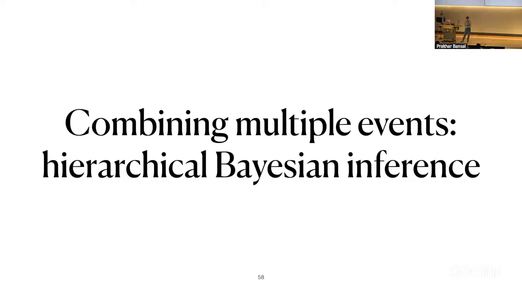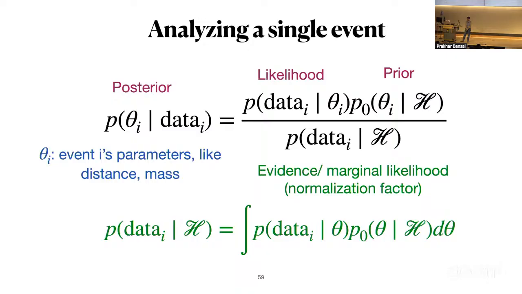In gravitational waves, we often do this population analysis in the hierarchical Bayesian context. So I'll give a super quick introduction to hierarchical Bayesian inference. The way that I often think about it is starting with how we analyze a single event in Bayesian statistics.